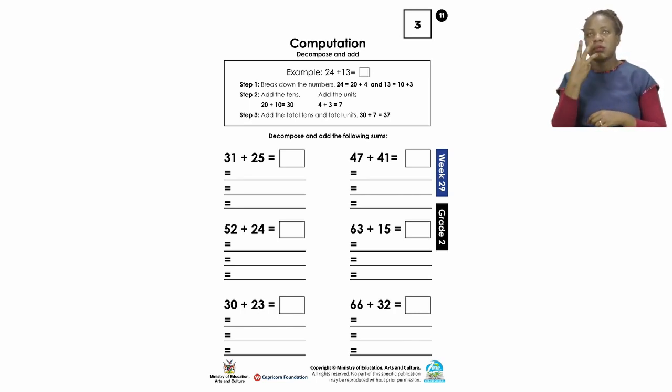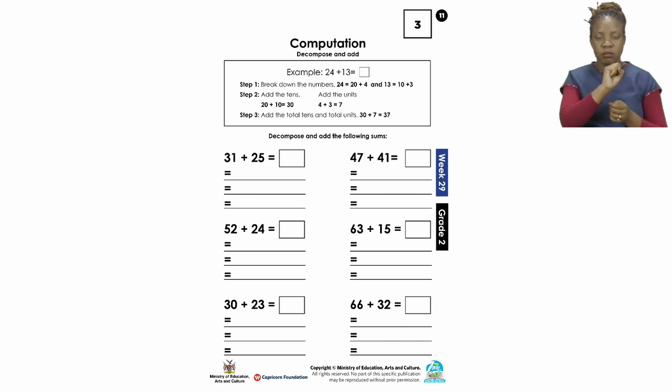So then you will now say 20 plus 10, and then you add the units. The units will then be the 4 from 24 and the 3 from 13. So then you add your tens and then you add your units.